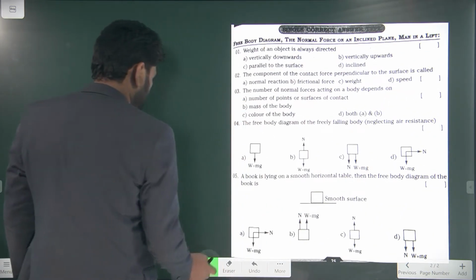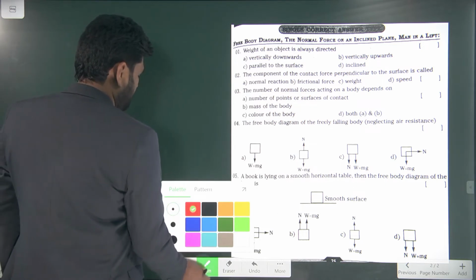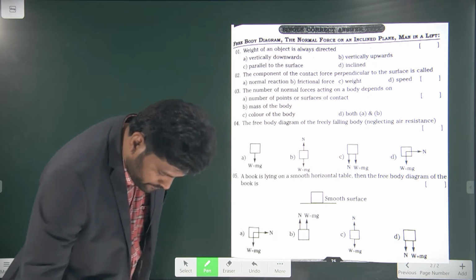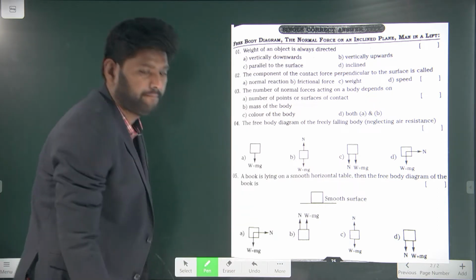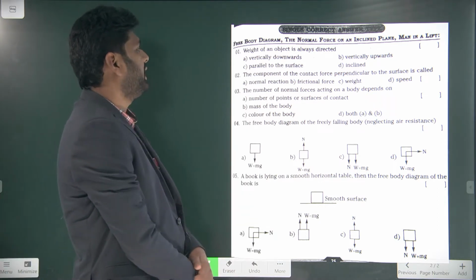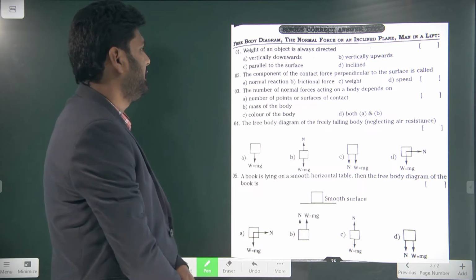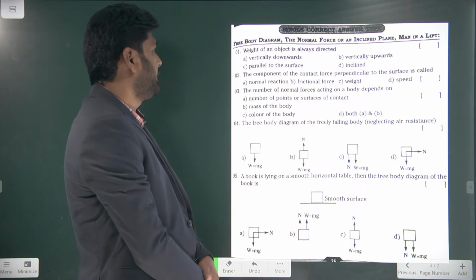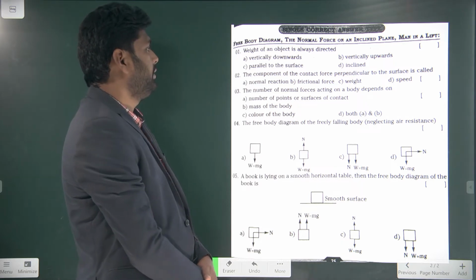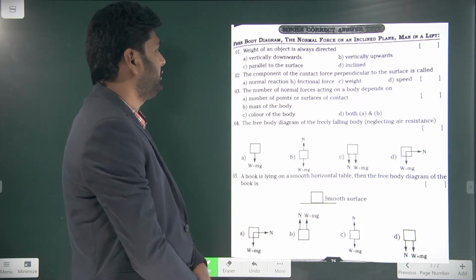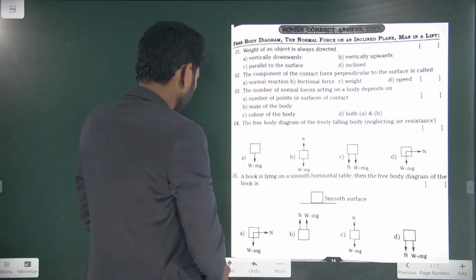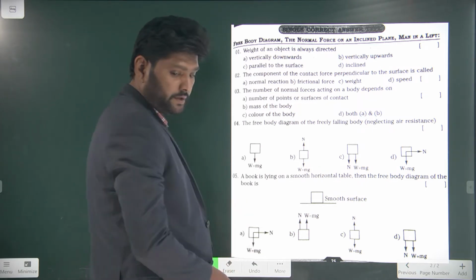Tell me, the weight of an object is always directed in which direction? The options are: vertically downward, vertically upward, parallel to the surface, inclined. Which one is the right answer?